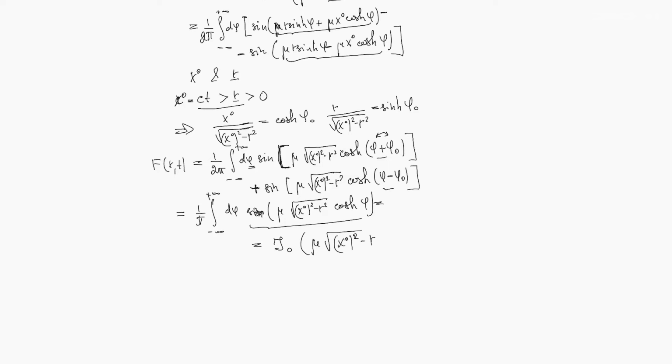Now, okay, so we achieved our goal. So we reduced this function f on rt to something known. And this known is just a Bessel function of index 0.